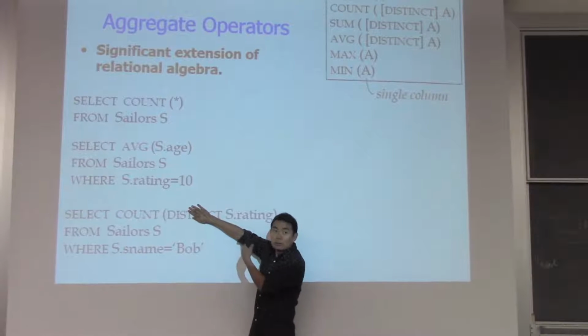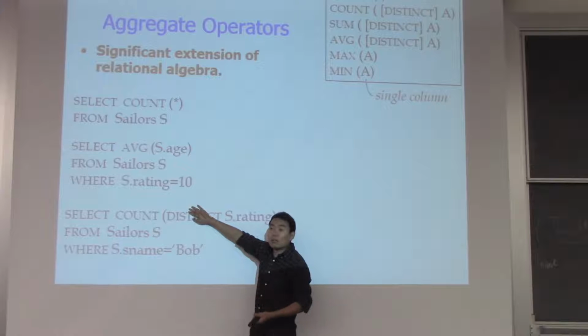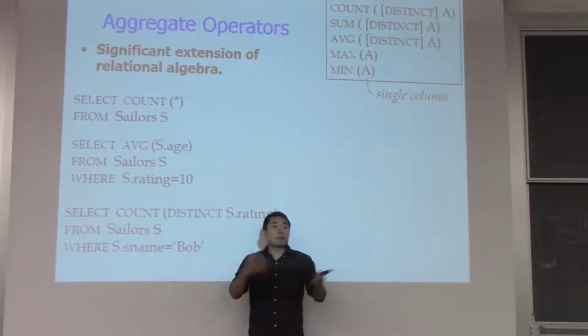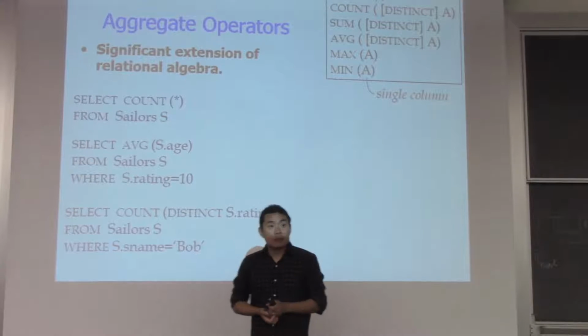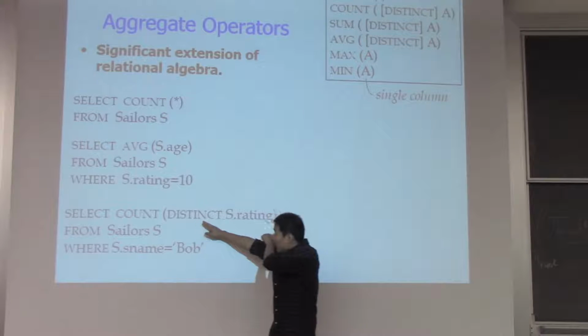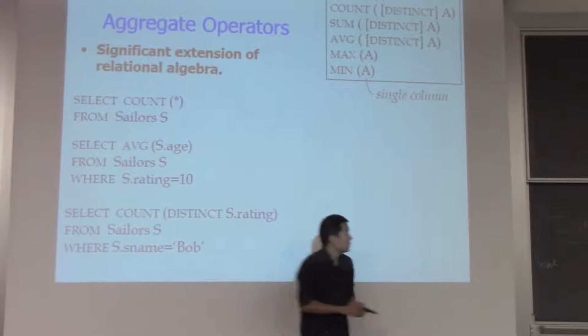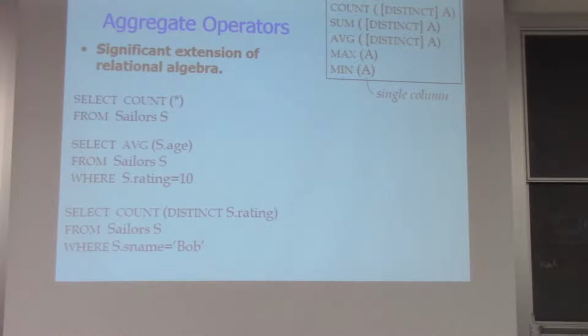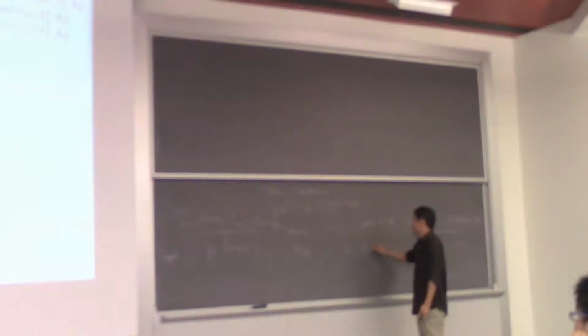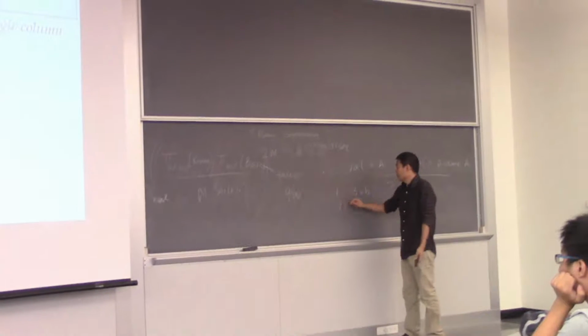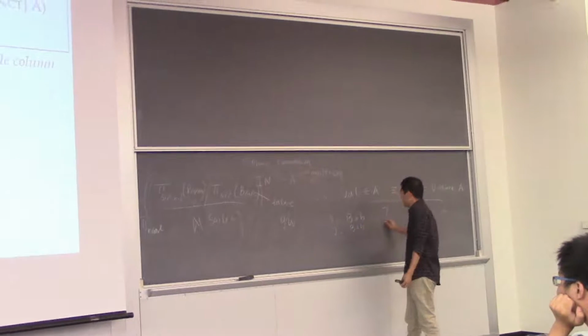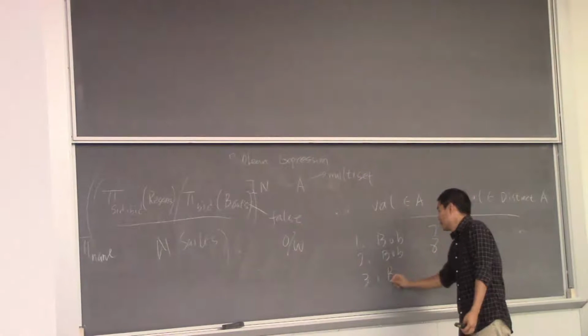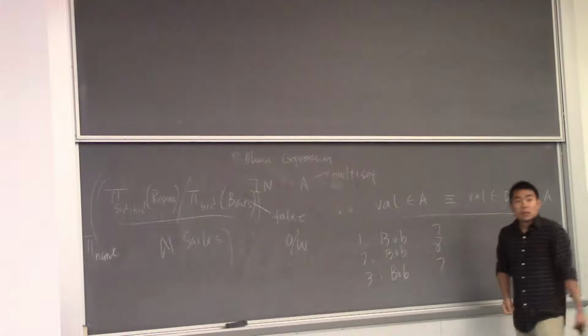Whether it's rating or name or whatever, it simply gives you a count of the number of sailors named Bob. But now with distinct rating, so I could have things like this. 0.1 Bob, rating 7, 0.2 Bob, rating 8, 0.3 Bob, rating 7.